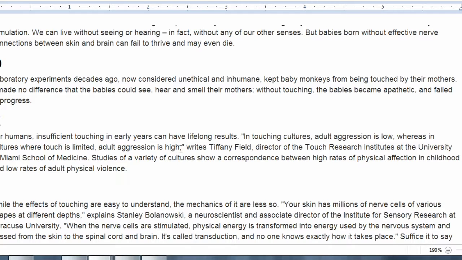Stephanie Field. It means they're saying that for humans, insufficient touching in early years can have lifelong results. In touching cultures, adult aggression is low. When they touch, the adult aggression is low, whereas in cultures where touch is limited, where they're not touching, the adult aggression is high. Alright, that's it.